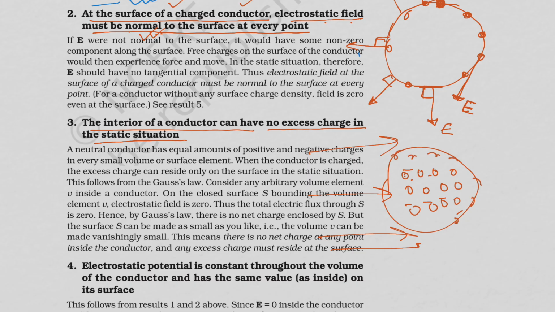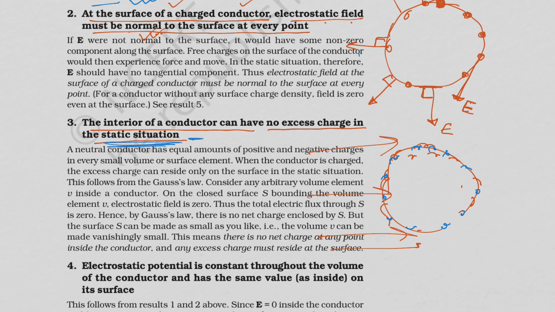Because they move to the surface, we can say that in the interior of the conductor there will be no excess charge in a static situation, because after the movement happens, the charges will rest on the edges. Maybe in the beginning they will move, but then they will reach a static situation.